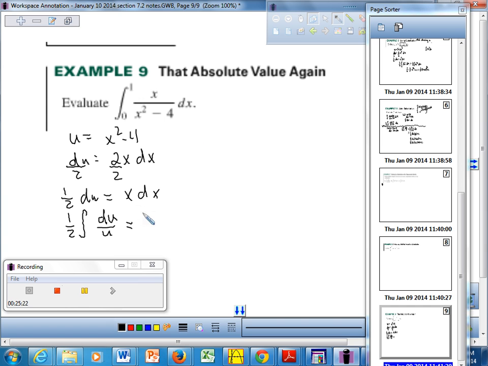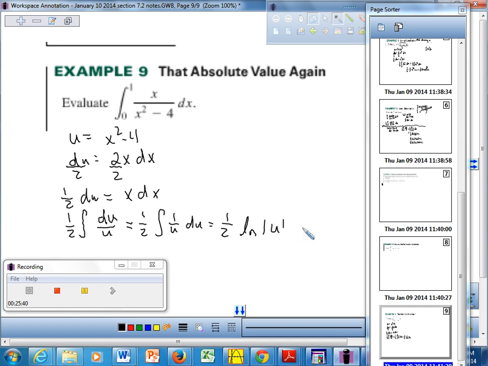Okay, so that is the same as 1/2 the integral of 1 over u du, which is 1/2 the natural log of the absolute value of u.